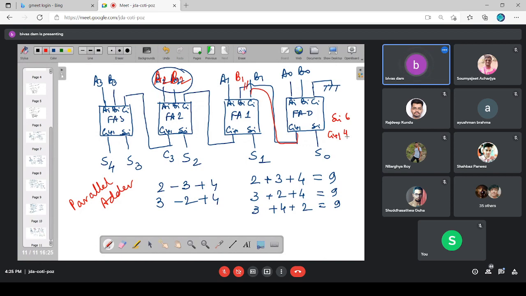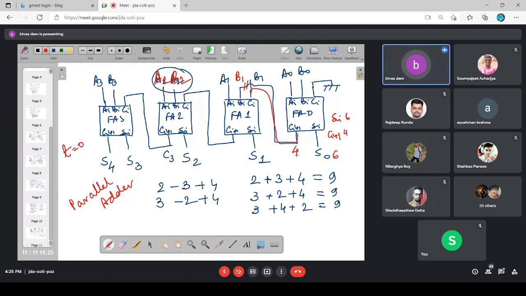At t equal to 0, all the Ai's and Bi's are available. After how many nanoseconds will S0 be available? 6 nanoseconds. After how much time will C1 be available? 4 nanoseconds.